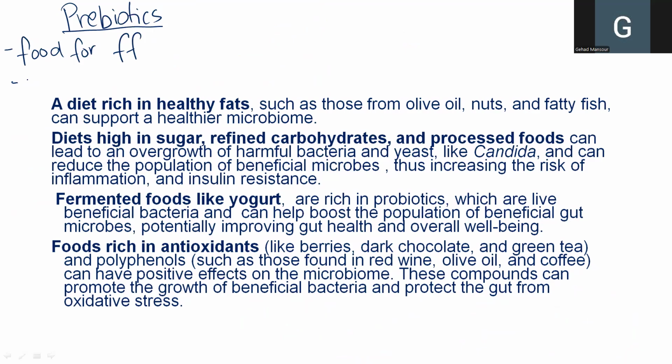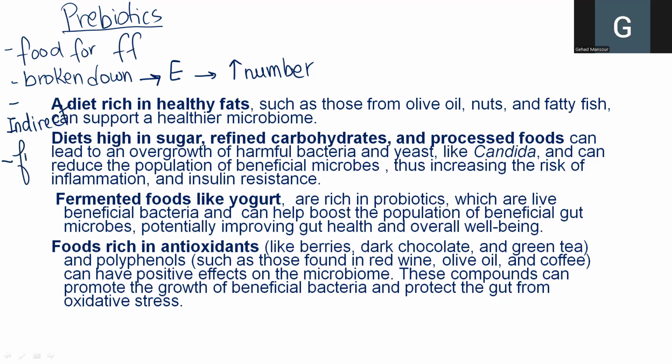They are metabolized or broken down by the friendly flora to give them energy and therefore to increase them in number. So it is an indirect way of increasing the gut flora, and the best example is the fibers.